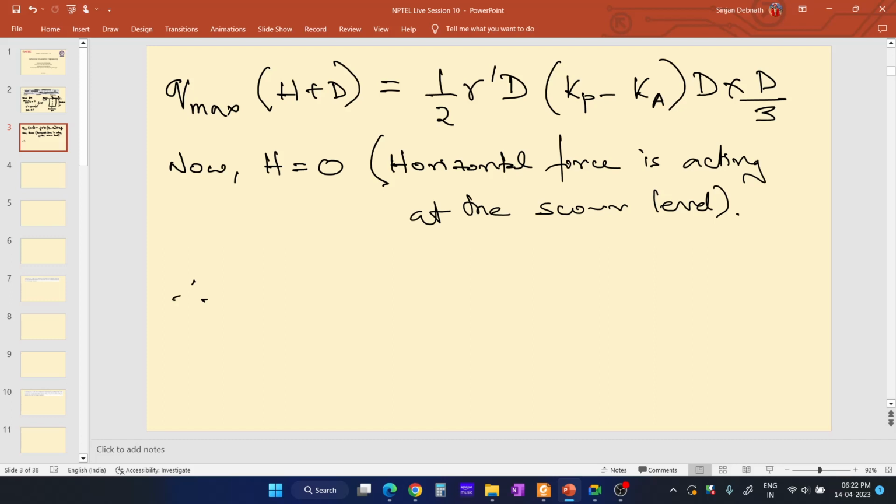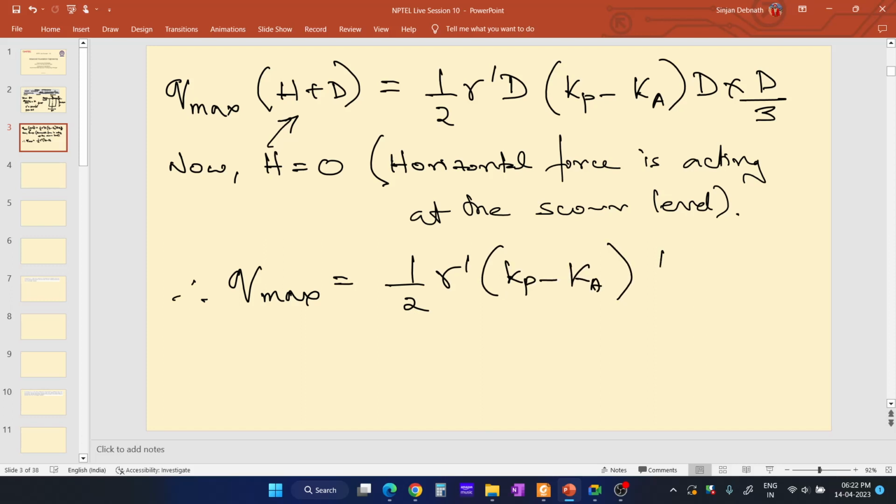Therefore, if we put H equal to 0, Q max is equal to half into gamma dash, Kp minus Ka, into D square by 3. So we have just put this into the equation and written this reduced equation.